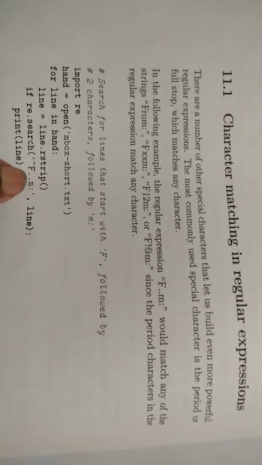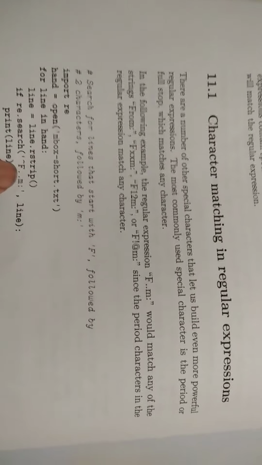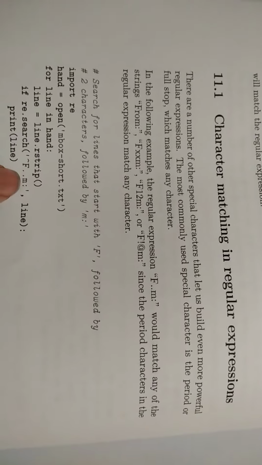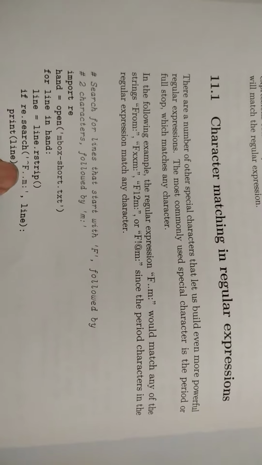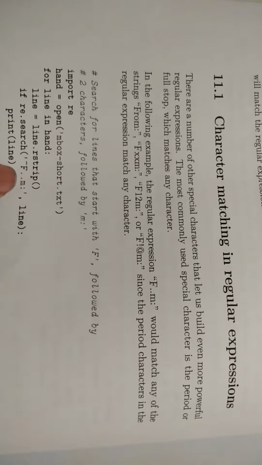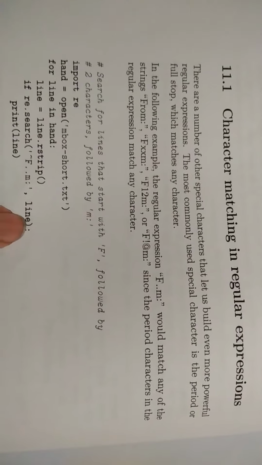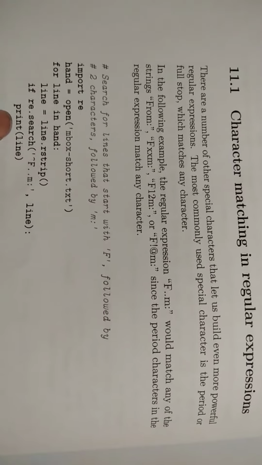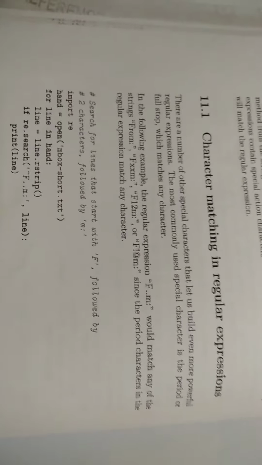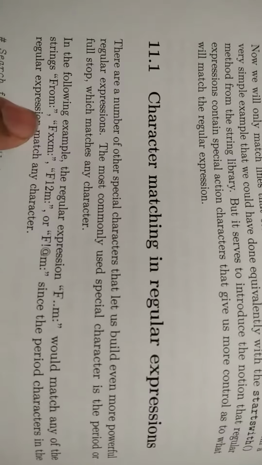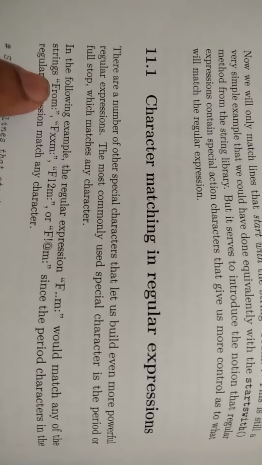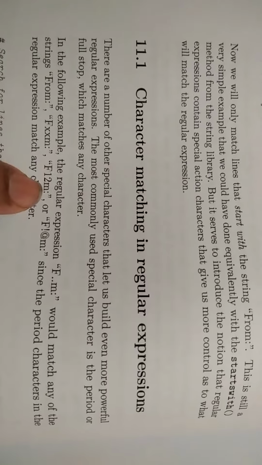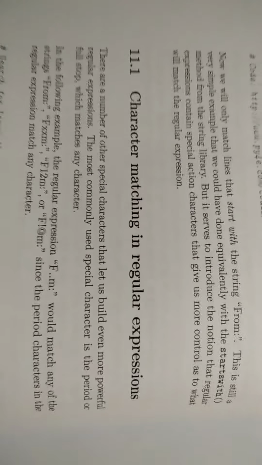After the F it could be RO, or any two characters, again followed by M. Only if this pattern is present are those lines selected and stored, and then those lines are printed. See the example they have given: after this, F from, or FXXM, or F12M, like that, any two characters.